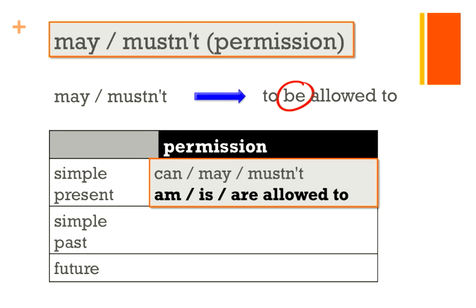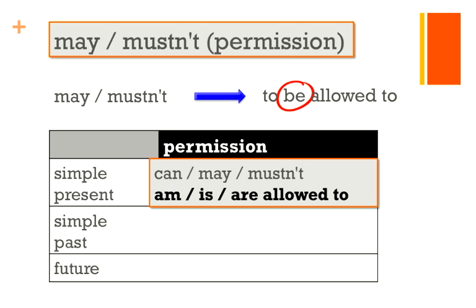So in the simple present, of course, you have can, which can also express permission, but of course you have may and the negative form mustn't. And now you have to be allowed to, so this is easy: am, is, and are allowed to. I am allowed to go to the party, he is allowed to, and they are allowed to.